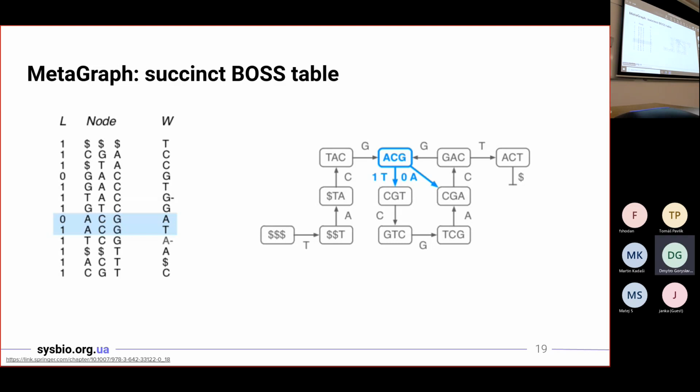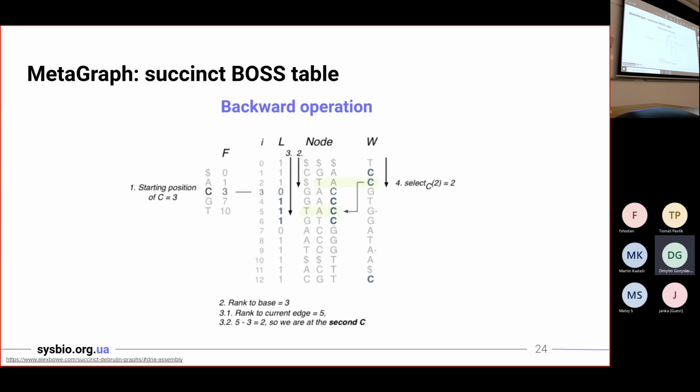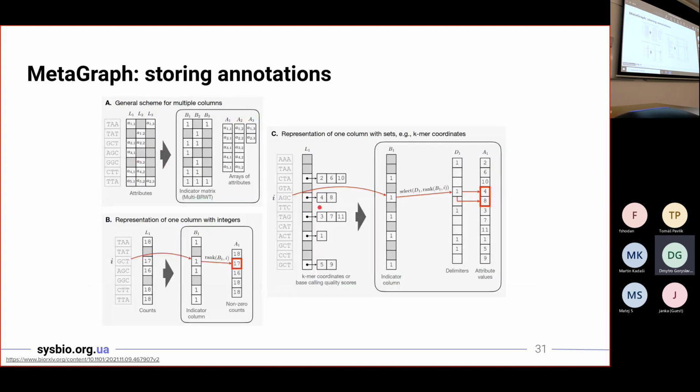Yeah, so the graph in this case will be constructed of a small number of nodes, and the sequence order will be stored in the annotations with the k-mer coordinates. So if you have a highly repetitive sequence, then the graph will be small, but the annotations with k-mer coordinates will have relatively large sets of coordinates, which tell you on which position this k-mer is located.